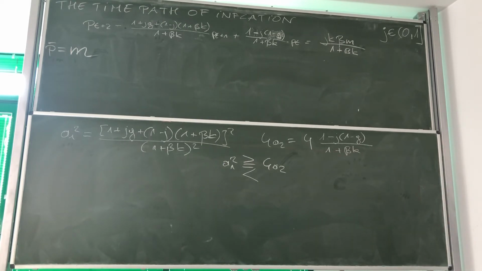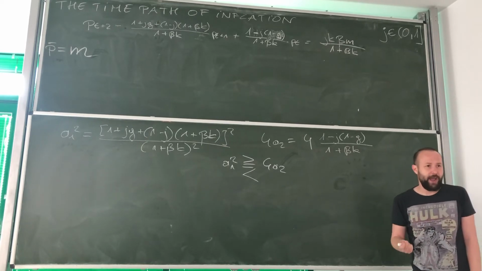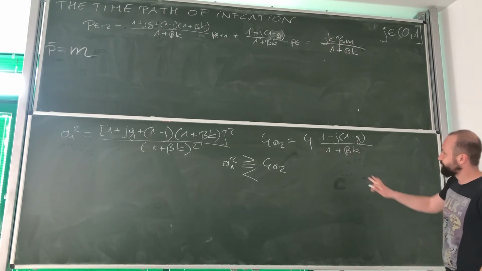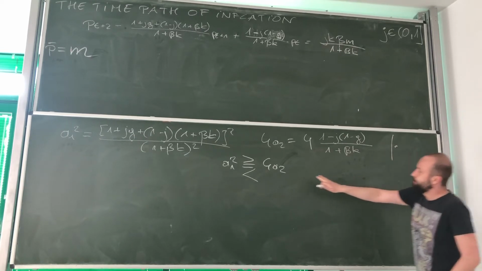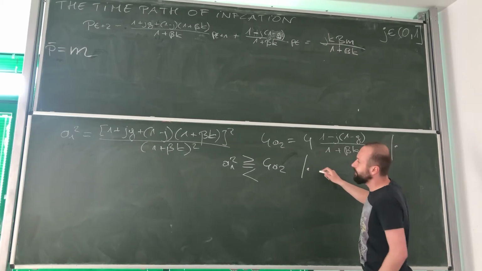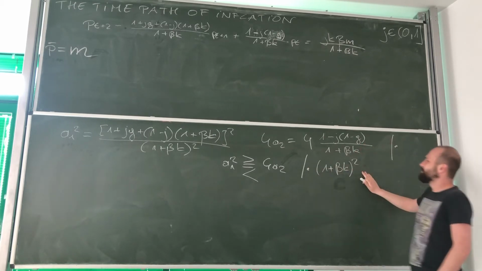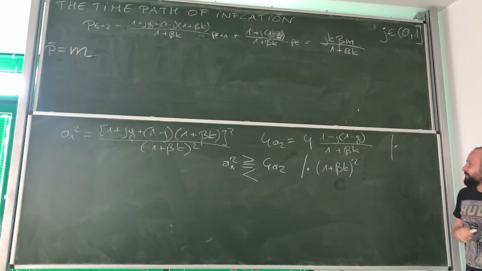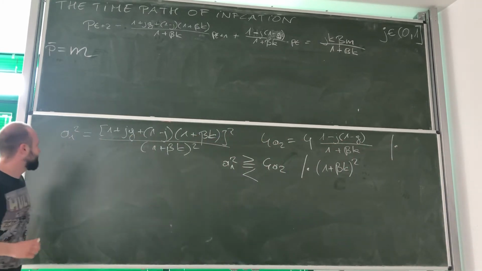Okay, let's compare the two and see, maybe just by comparison, we can see right away that only one case is acceptable. Okay, so look, first thing I'm going to do is to multiply both sides of this inequality by 1 plus beta k squared. 1 plus beta k squared is definitely a positive number, so it will not change the inequality signs.